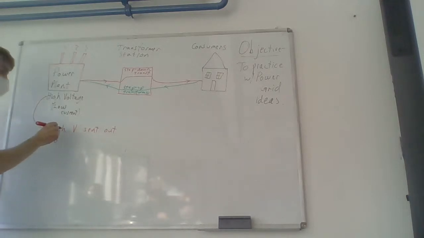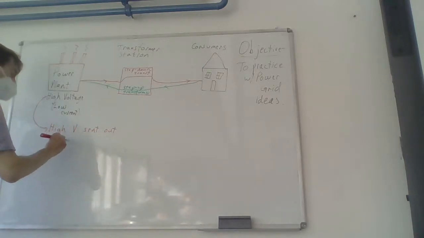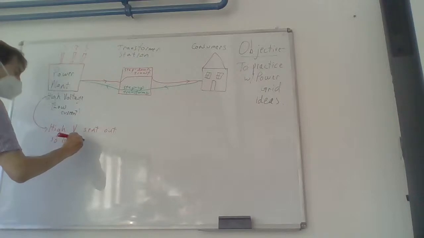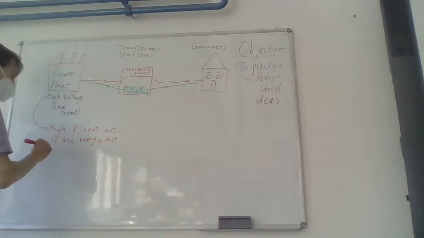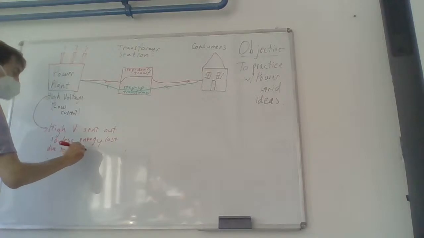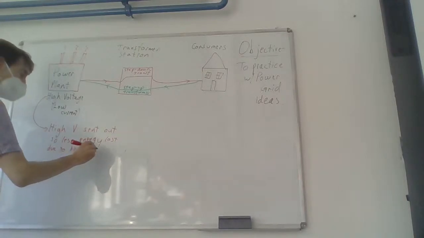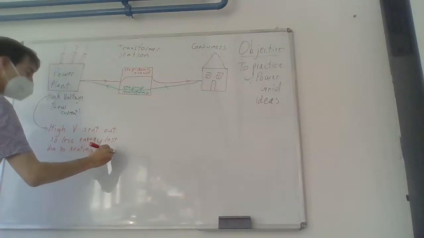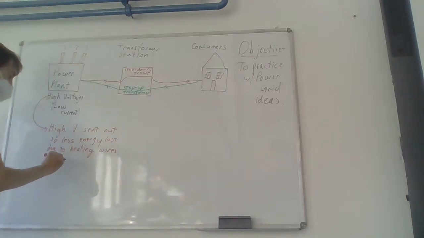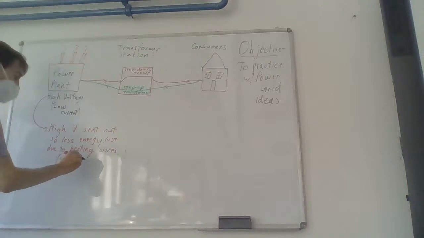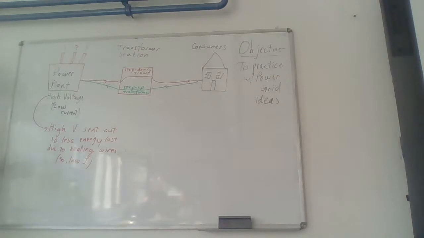So high voltage sent out, so less energy lost due to heating wires, and it's due to friction, as Michael said. So it's low current. Low I, because that's the letter for current, isn't it?